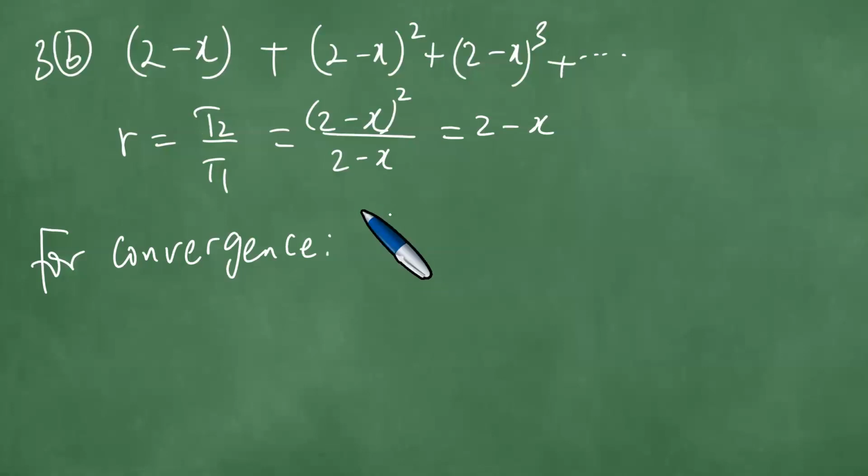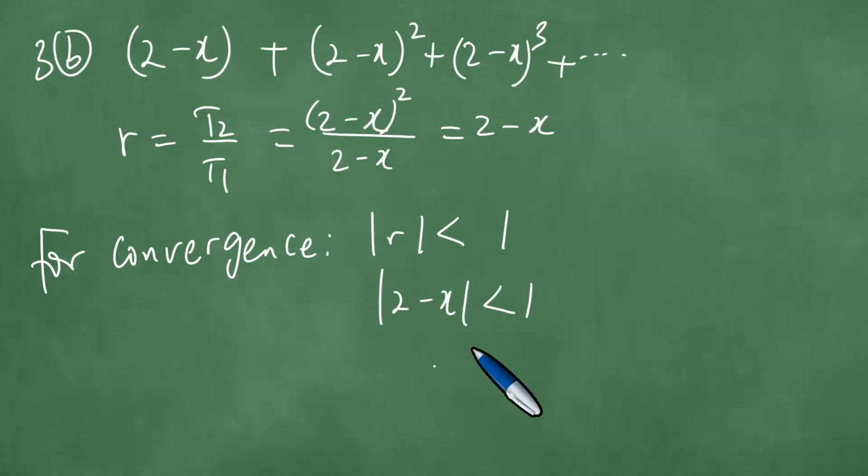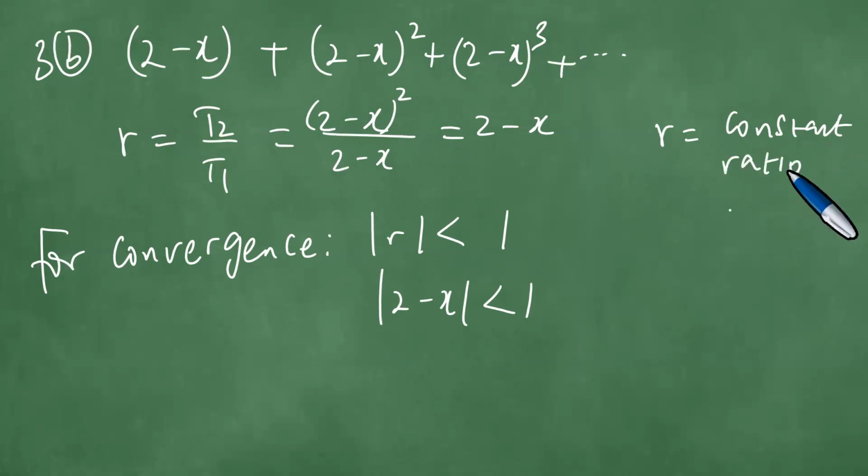So we need the absolute value of the constant ratio to be smaller than 1, which means minus 1 less than 2 minus x less than 1. R is called the constant ratio.